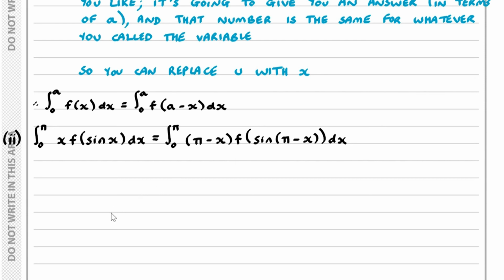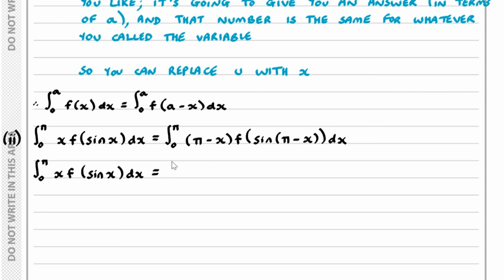So let's just write this out again. We've got the integral from 0 to pi of x times by f of sine x dx.